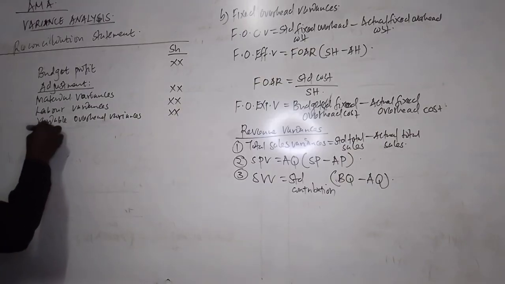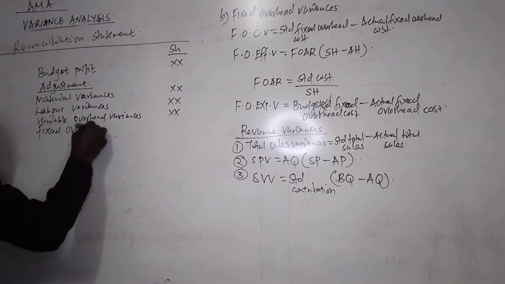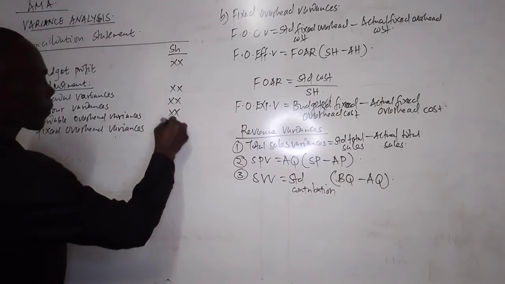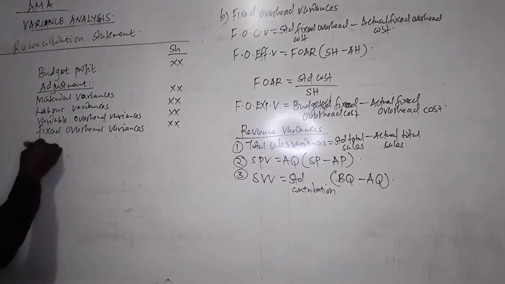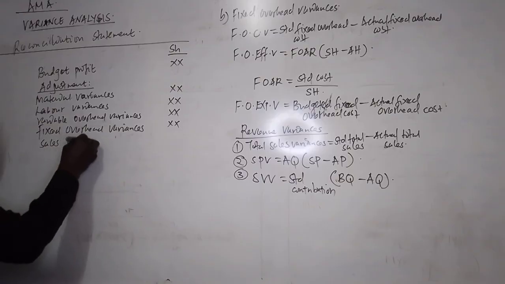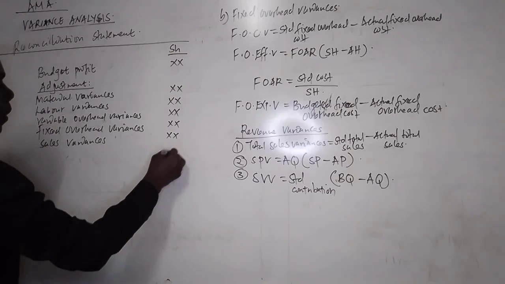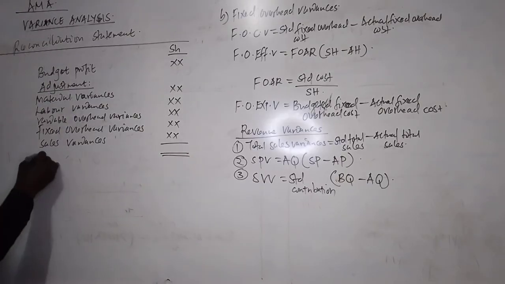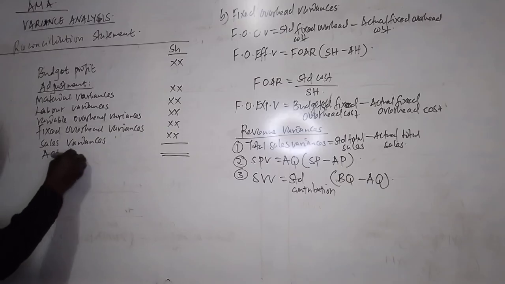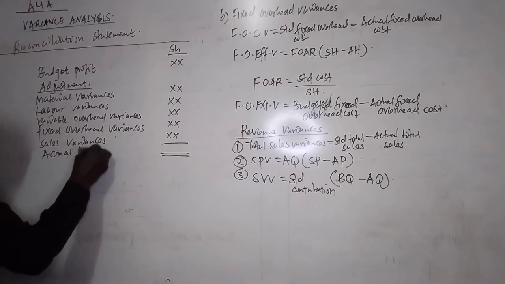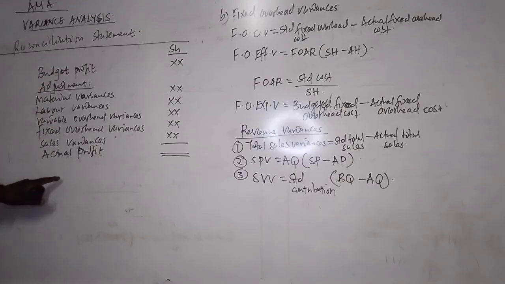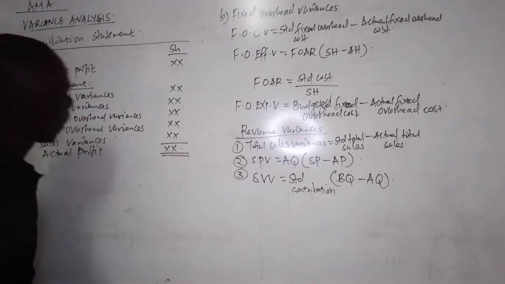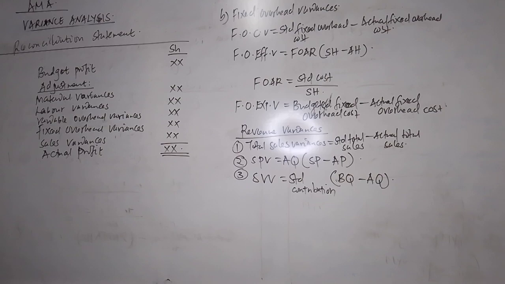Then we have the fixed overhead variances. And finally, we have the sales variances. And once you do that, the budgeted profit will reconcile with the actual profit. If we are talking about the cost, the budgeted cost will reconcile with the actual cost. That is how you are supposed to do a reconciliation statement.